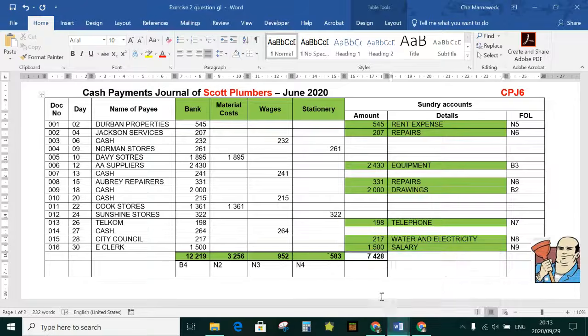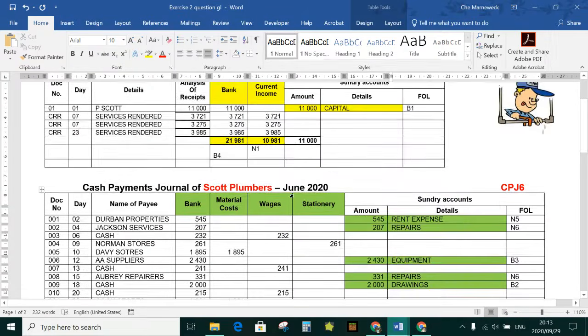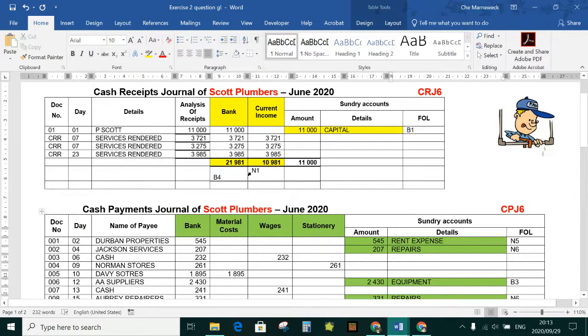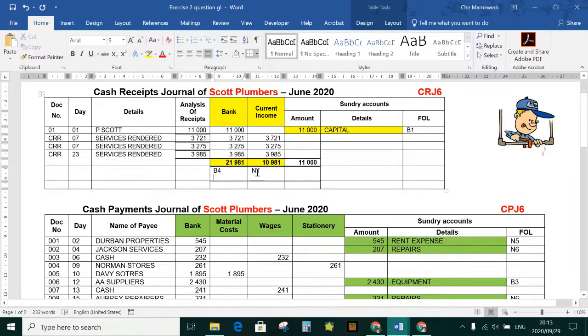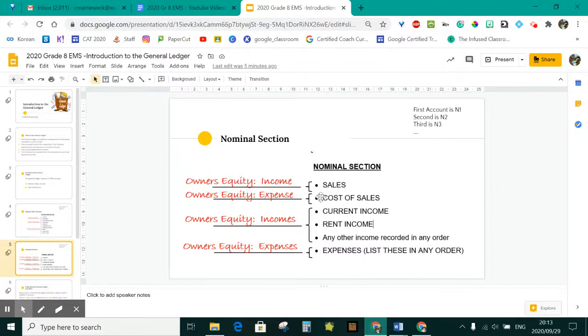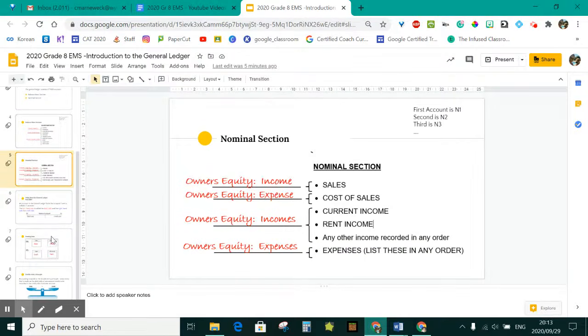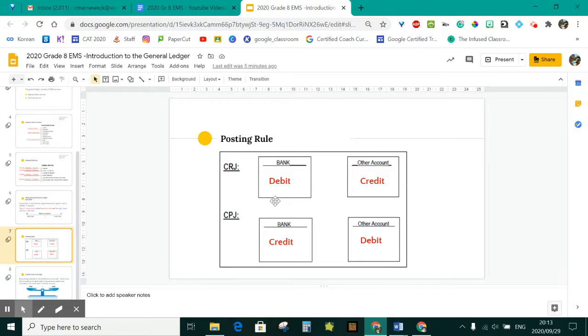The next thing we're going to look at is our posting rule. How do I know what side of the general ledger we are going to record this information on? So we have a look at our notes with our posting rule. This is the same as the account debit, account credit rule.